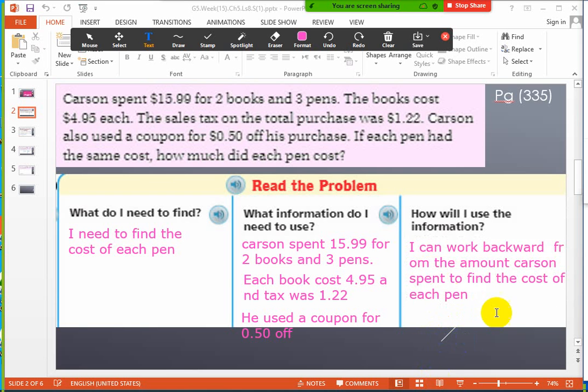Okay, so I will use this strategy to find the cost for each pen. So the strategy is work backward. That means I will take the first amount that he spent on those books and pens, and I will work backward to find the cost for the pens.